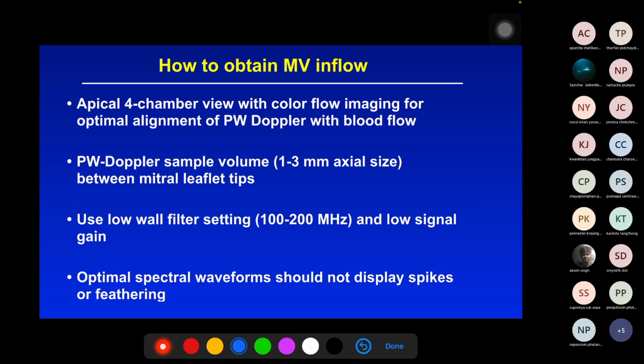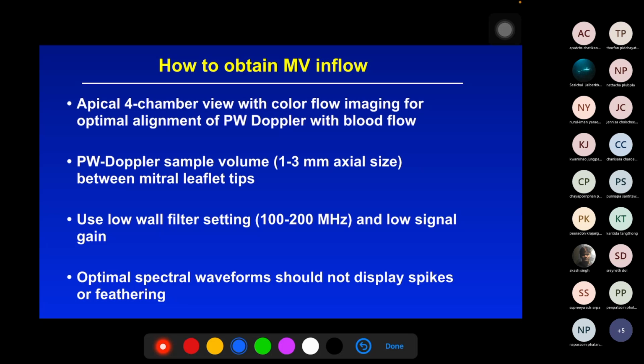You start from the apical 4-chamber or apical 2-chamber, but most commonly we use the apical 4-chamber.